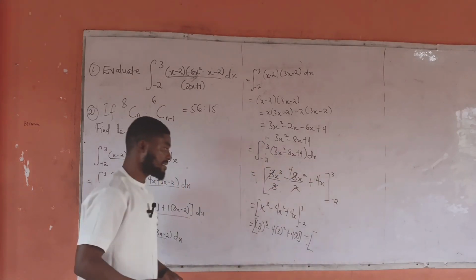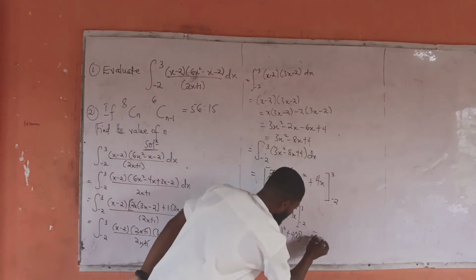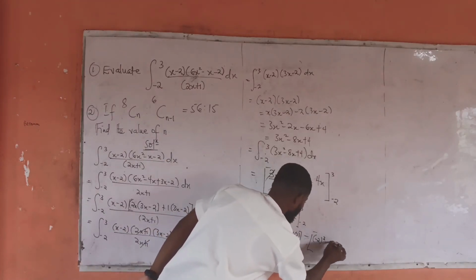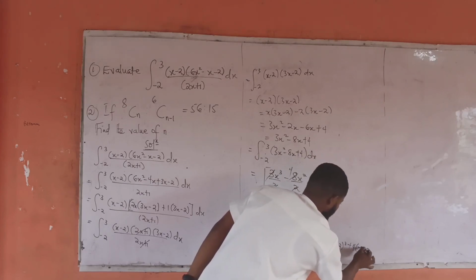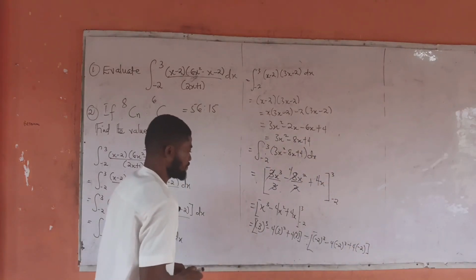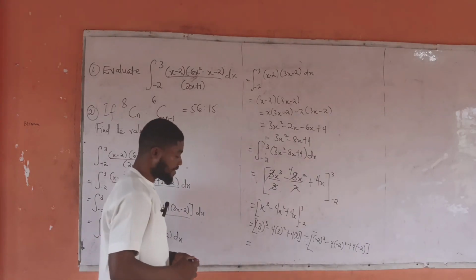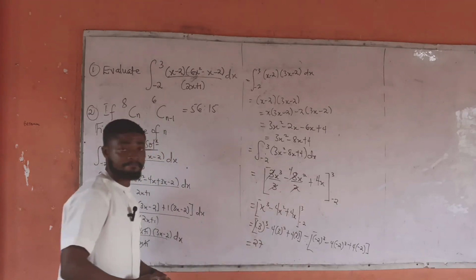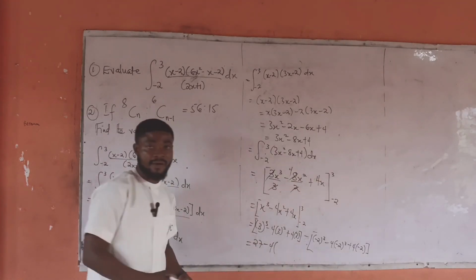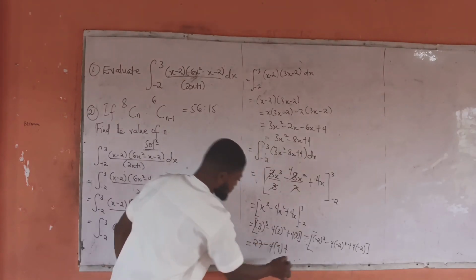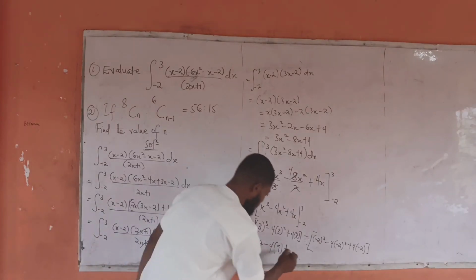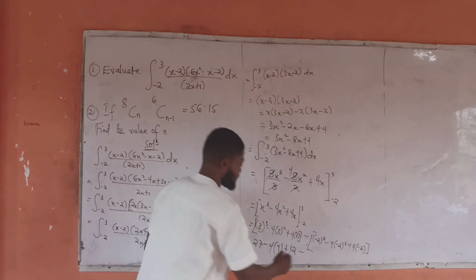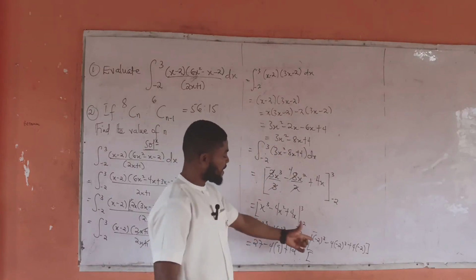And then in place of x, I put minus 2 for the lower limit. So 3 to the power 3, 27, minus 4 times 3 to the power 2, 9. Now 4 times 3, 12. Now minus 2 to the power 3.